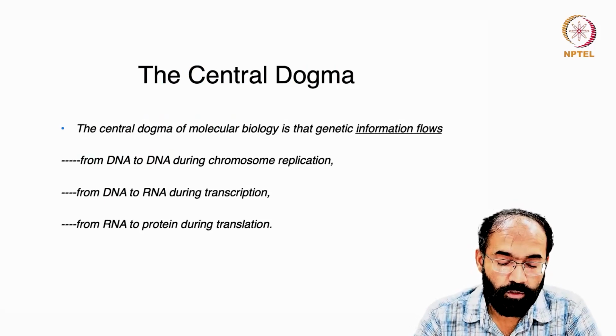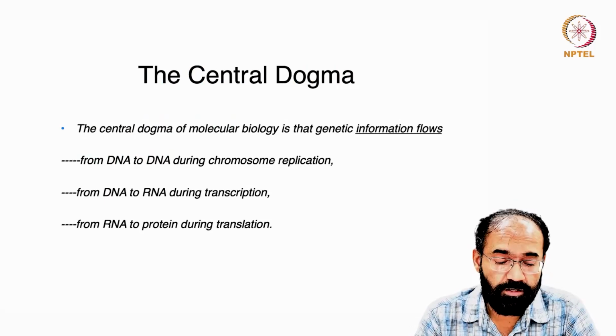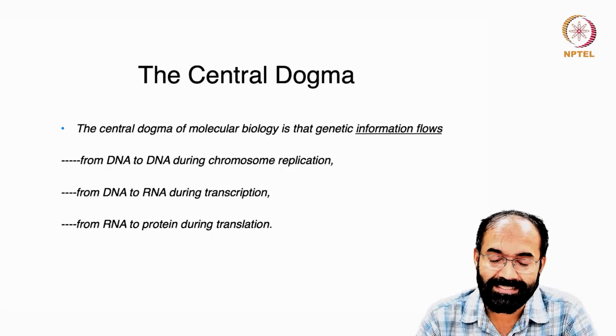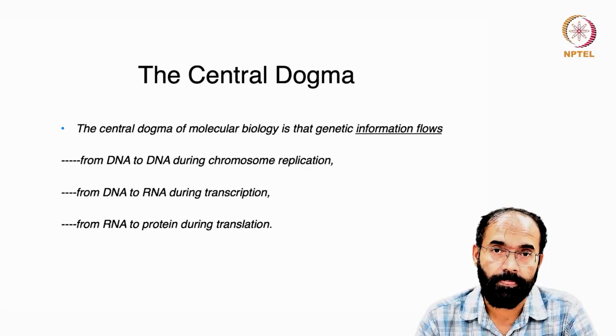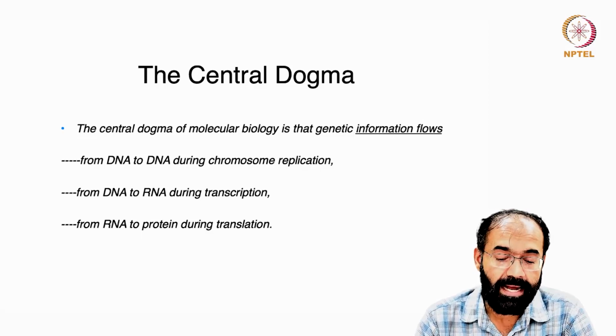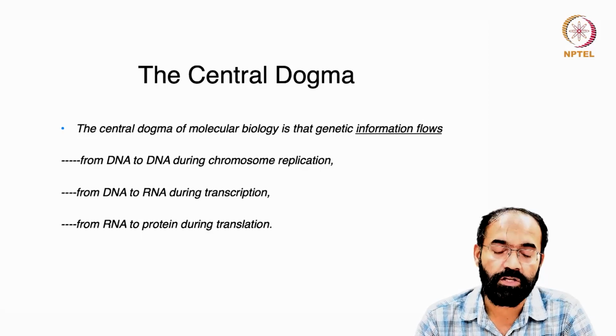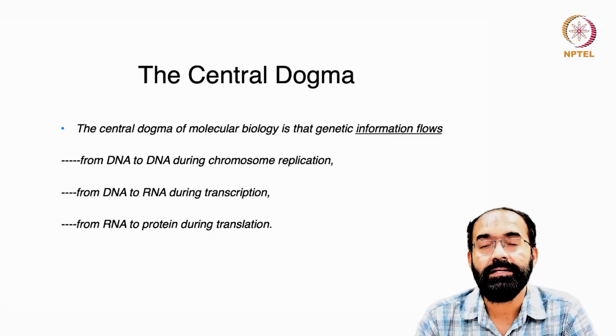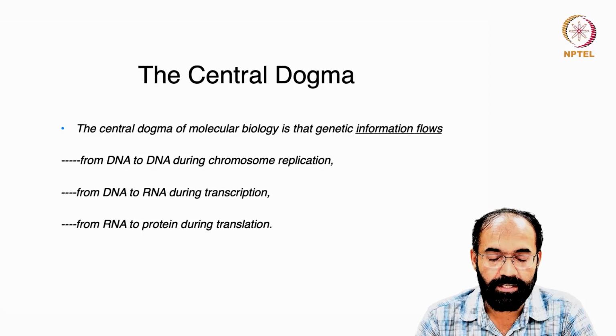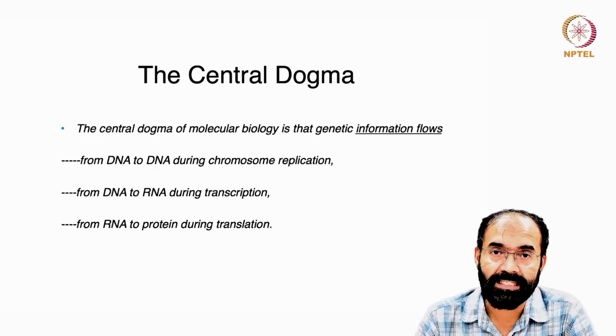So let us look quickly at the central dogma once again. The central dogma in molecular biology is that the genetic information flows from the DNA to DNA. That means the DNA has to make a copy of itself using DNA-dependent DNA polymerase. Otherwise, it will be lost. And during the cell replication or the chromosome replication. And then from DNA to RNA during transcription, because without which gene expression cannot happen.